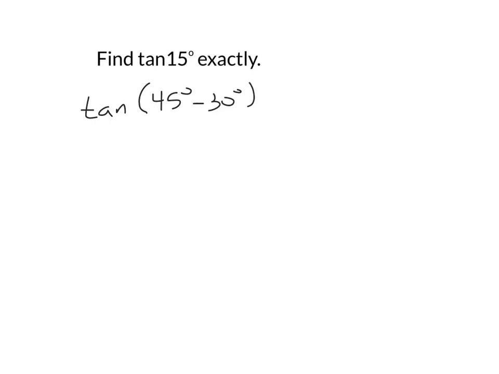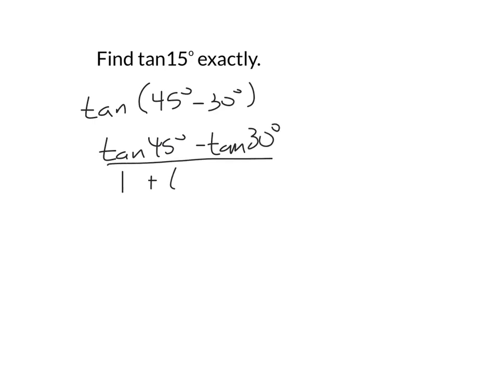I'm going to rewrite 15 as 45 minus 30, tangent of 45 minus 30. Then I'm going to use the identity you just saw, which is tan minus tan over 1 plus tan tan. So it's going to look like this: tangent 45 minus tangent 30 over 1 plus tangent 45 times tangent 30.